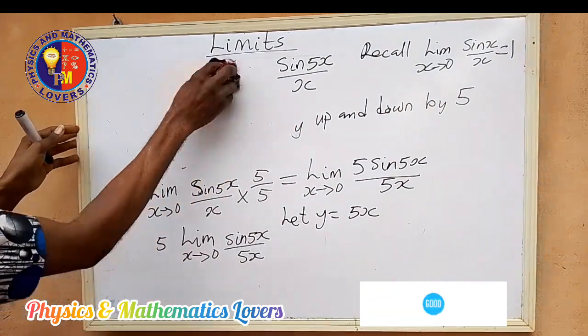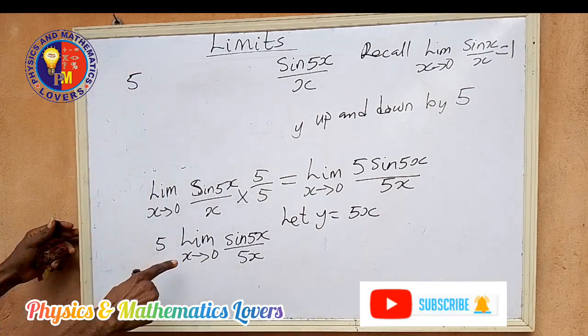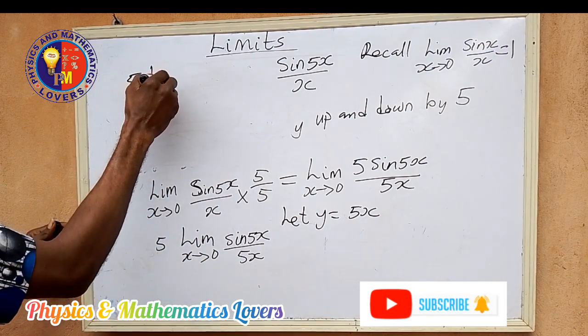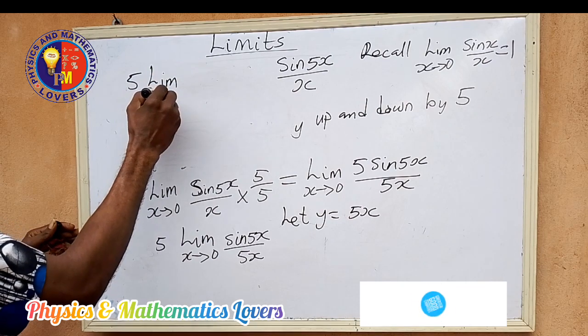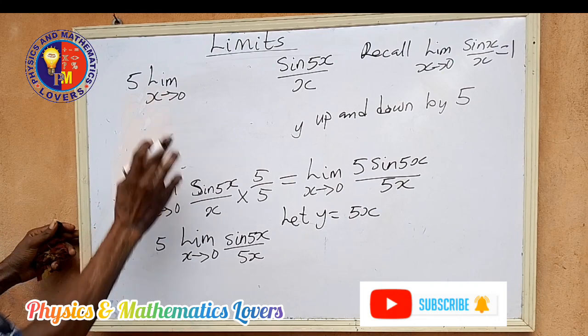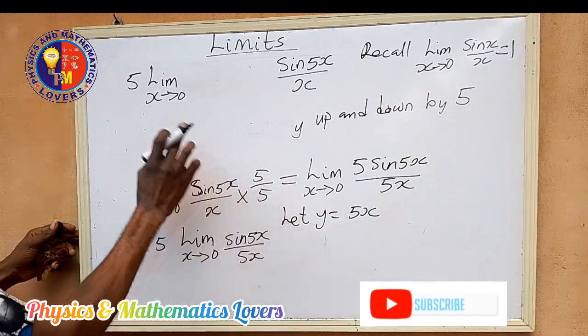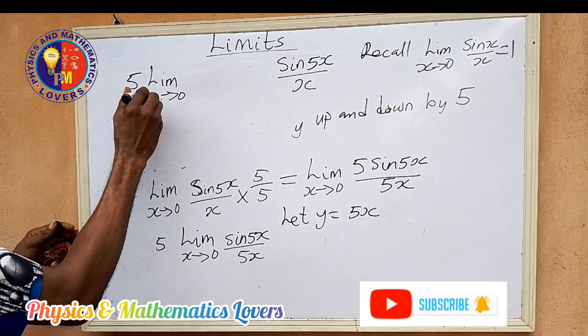Let's continue from this way. It will now become 5, this 5 that is here, times the limit as x tends to 0, and it will now become y, since we already said let 5x be y.